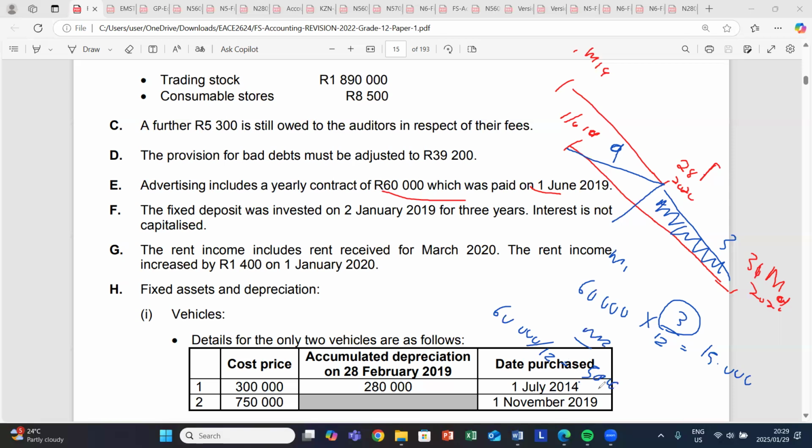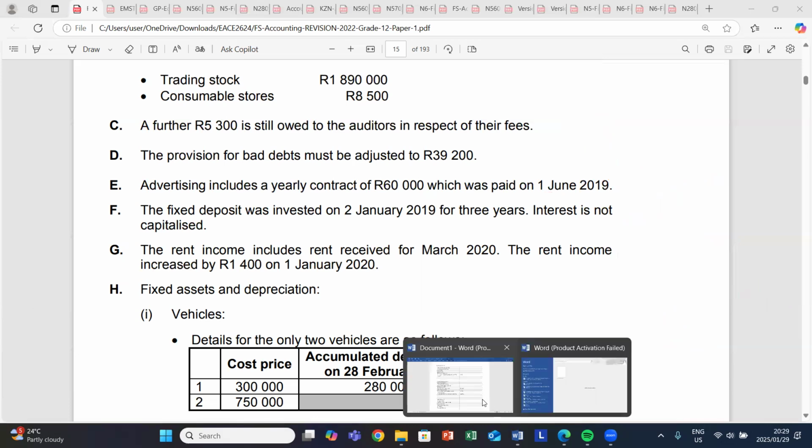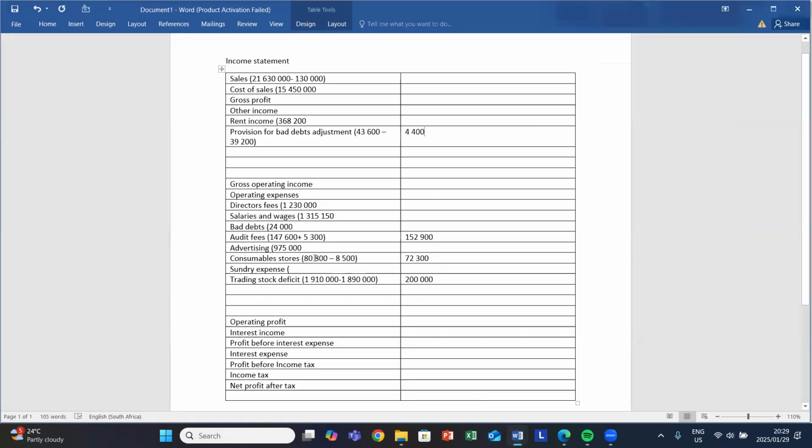Then 5,000 multiplied by 3, because 3 months is the one that was paid in advance. You'll still get 15,000 rand. Hence, there are various methods in which you can calculate it. Therefore, for advertising, we'll say minus 15,000.